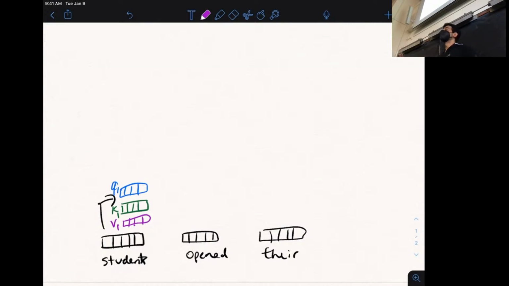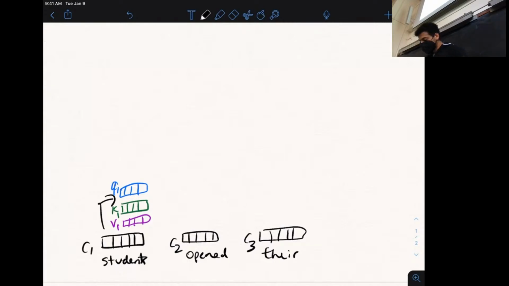Just a simple linear layer, multiply this embedding C1 with a parameter matrix, and then apply some nonlinearity like a tanh or ReLU, and you can get these query, key or value embeddings, right? So the next step, what did we do next?